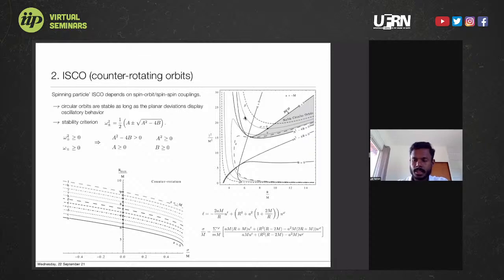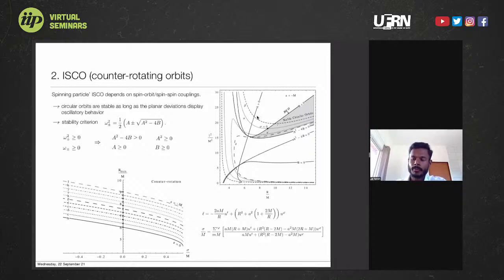And these lines, alpha, beta, gamma, and delta, are nothing but isospin lines. That is, I chose constant spin lines for different values of sigma over m, as shown with this equation. By plotting that, this alpha, beta, gamma, delta passes through either the b equal to 0 line or the a squared minus 4b equal to 0 line.